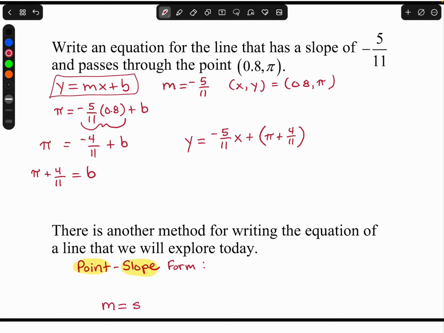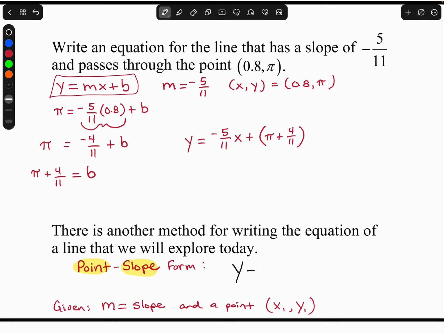Okay, so if you have that m, that m is still going to be your slope. So we're going to say given m is a slope, and we have a point, and we're going to call that point x sub 1 comma y sub 1. So it's just our one point that we have, okay? Here is what the formula kind of looks like.